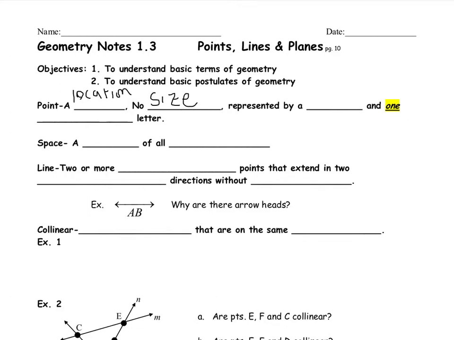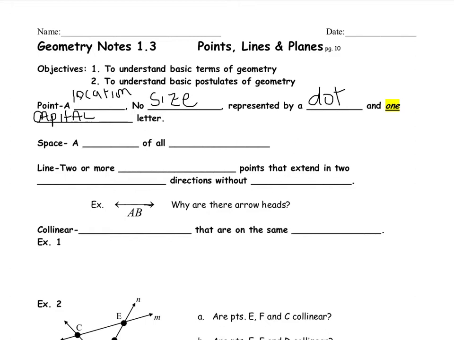It's represented by a dot and one capital letter. Now, it's imaginary, okay, so it's not literally a dot, but it's a point in space somewhere.